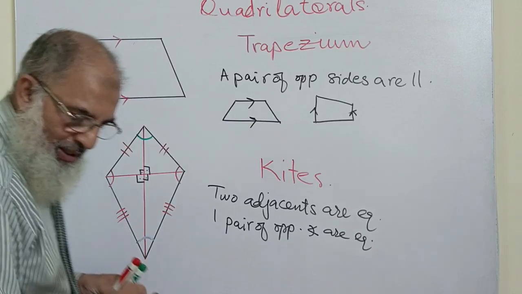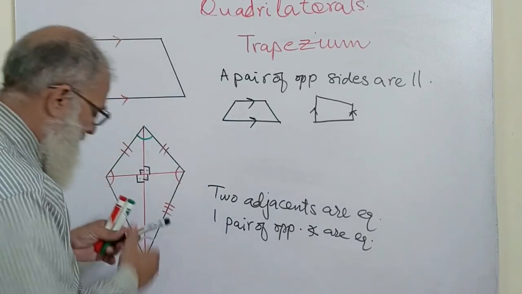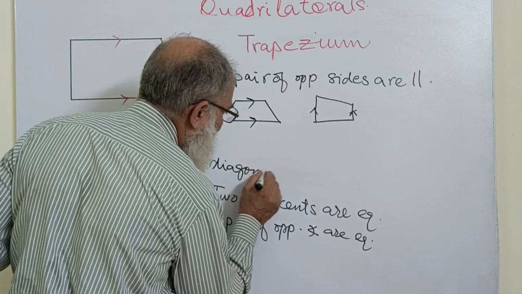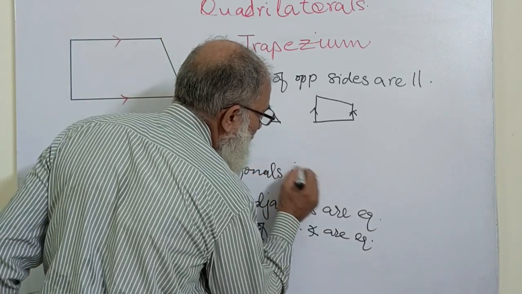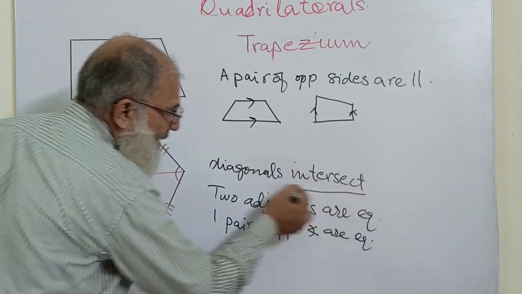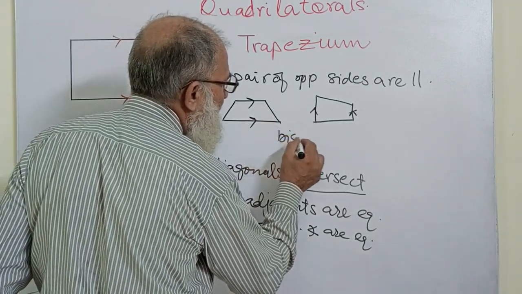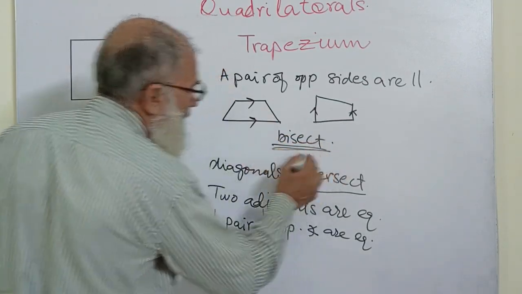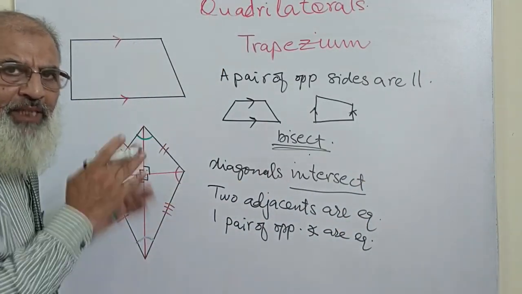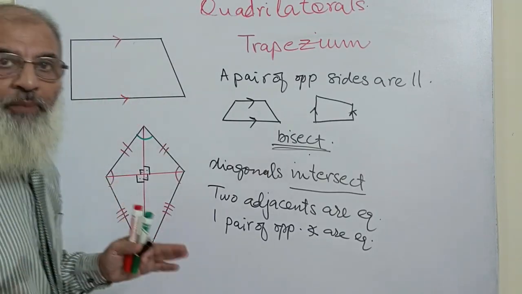Okay, I'll write this property over here, that the diagonals intersect. Now you will understand what is meant by the words intersect and bisect. Intersect means that they cross each other, they meet each other, but they do not divide the line into equal parts.